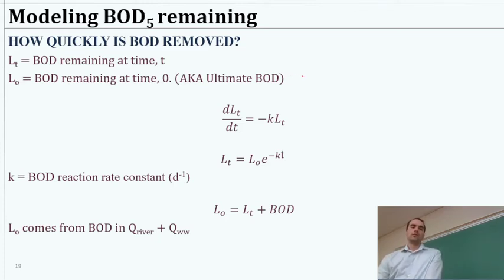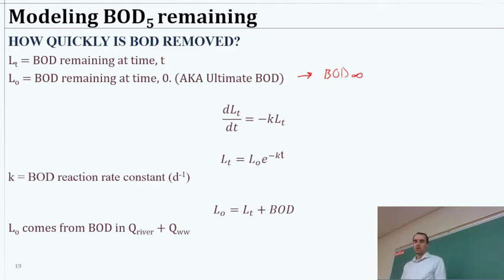So the ultimate BOD is essentially if we did a BOD bottle and left it incubating for an infinite amount of time, and then checked the dissolved oxygen after that. So what that means is that's the most oxygen that will ever be demanded by the biological process.